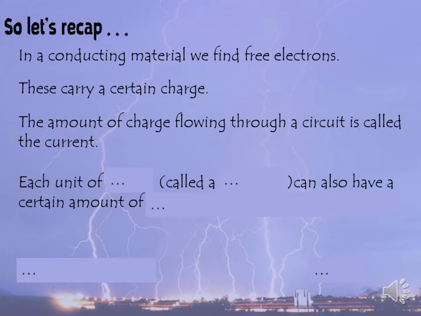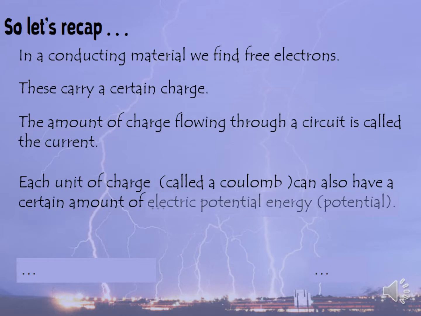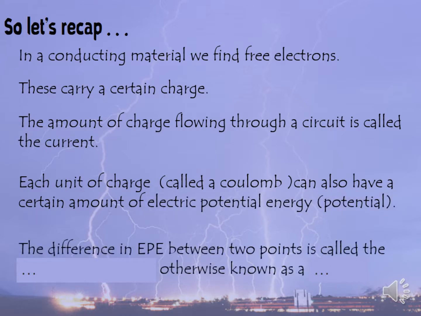So each unit of charge, and the SI unit of charge is a coulomb, can also have a certain amount of electrical potential energy, or sometimes just potential. So the difference between electrical potential energy between 2 points is called the potential difference, and is otherwise known as a voltage. So that is the relationship between all of the vocabulary in what we've studied so far.